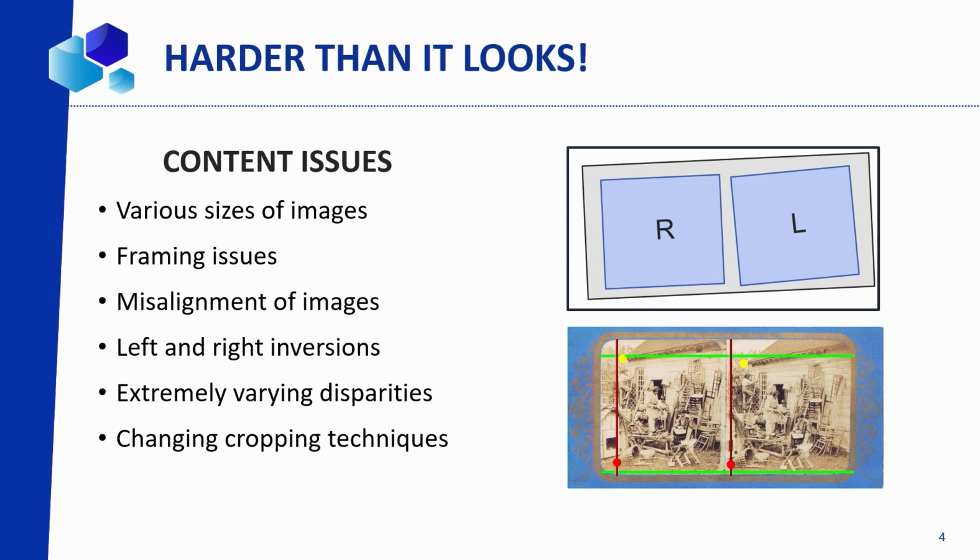So sometimes the disparities can go from many centimeters to sometimes just a few millimeters in a picture. So no standard there again. And finally, changing cropping techniques. Later on, they realized that it's better if the first or the closest object is at the frame of the picture, at the same distance to the frame of the picture.